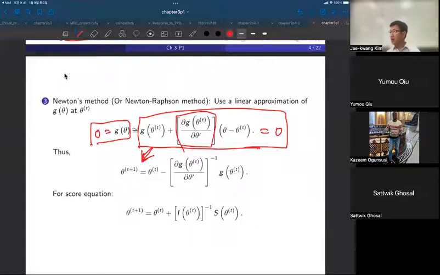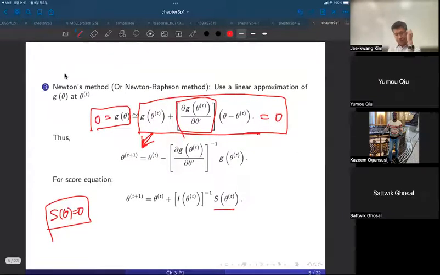So that is for any general continuous and differentiable function. And in statistics, we are usually interested in solving the score equation, right? If you choose the score function as the nonlinear function to solve, then it is called the score equation.